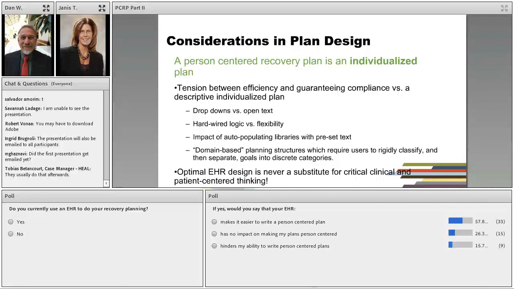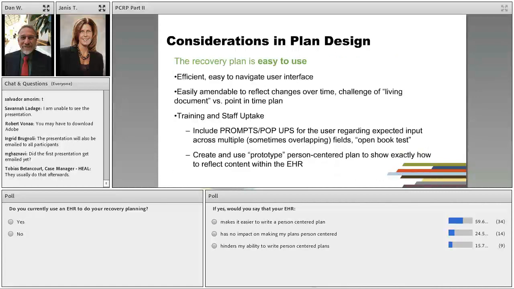You can't program in critical thinking and patient-centered thinking. You can prompt for it. You can make it easy for people to do that. But in the end, you're still going to train and supervise, so people still need to understand how to conduct the practice. Okay?